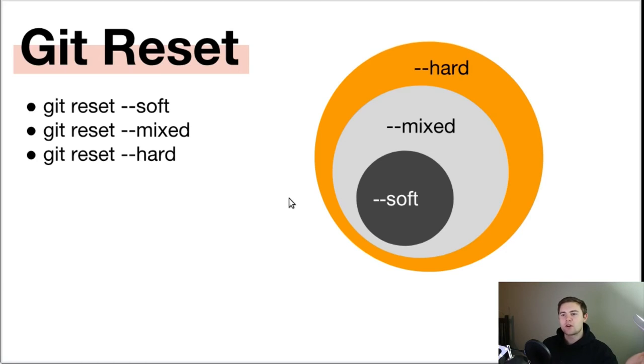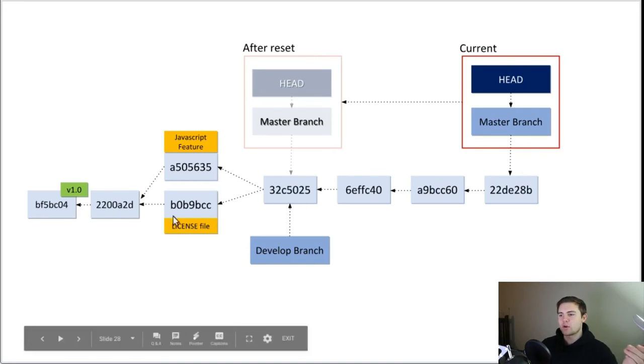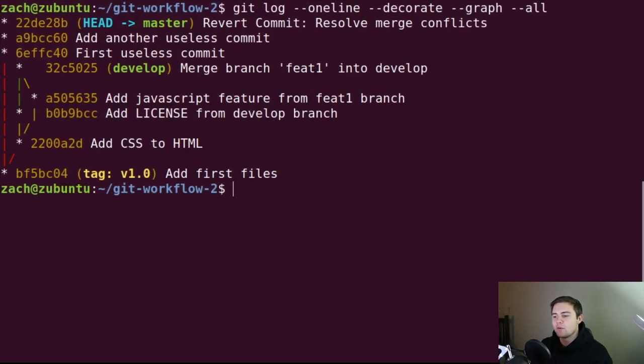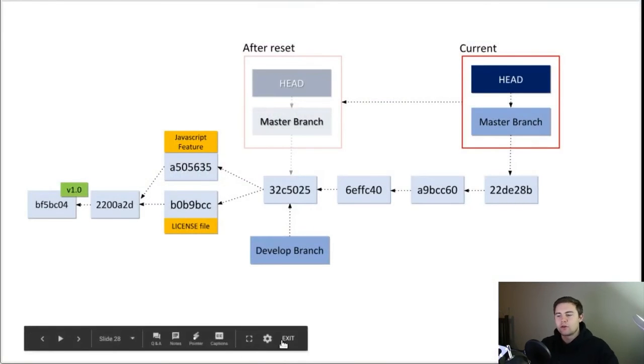Now we're going to start with the Git Reset Soft, but before doing so, we'll take a look at what this is going to do to our repository. Currently this is what our repository looks like. You can see that back in the terminal with the git log command, but this is a little bit more visual for you.